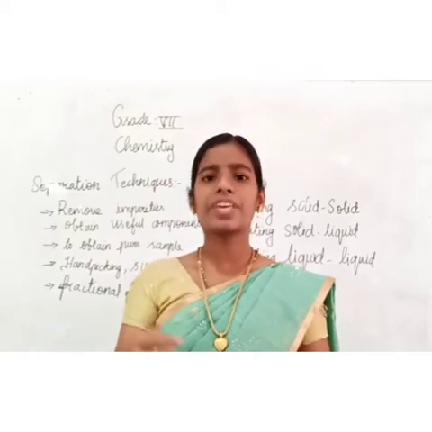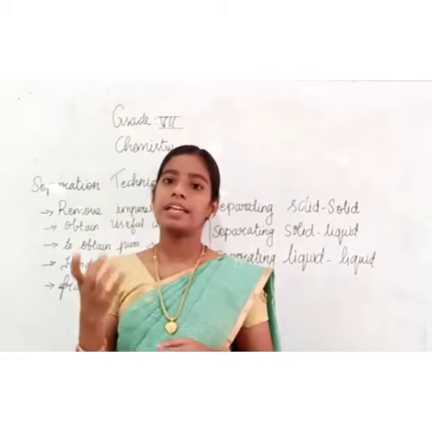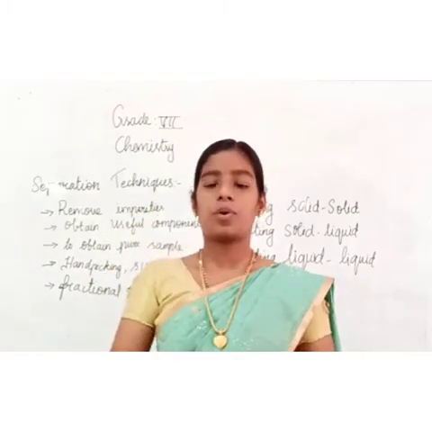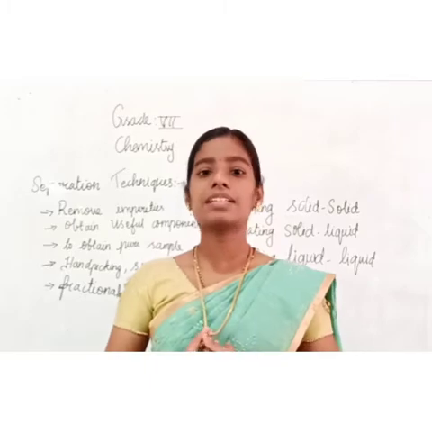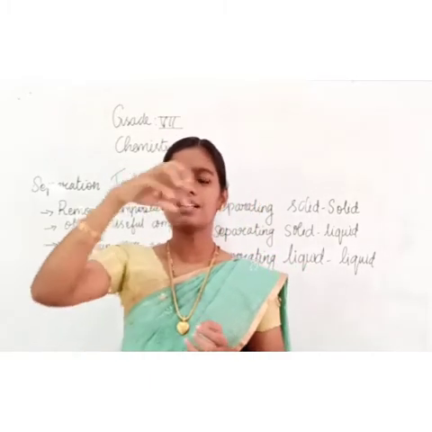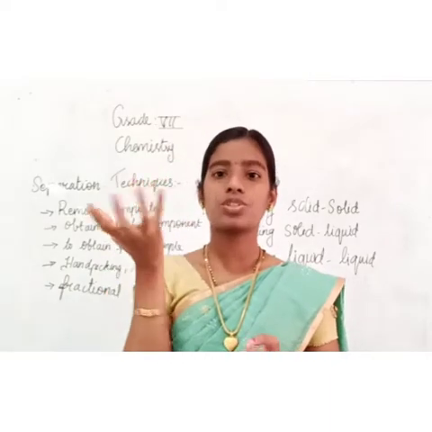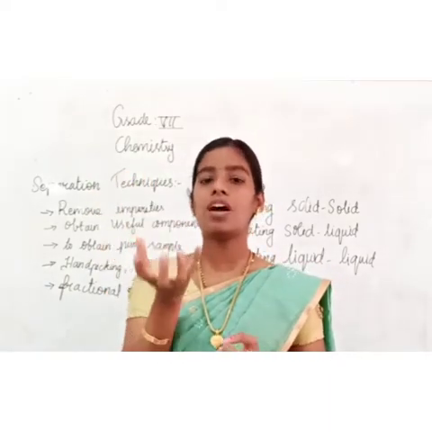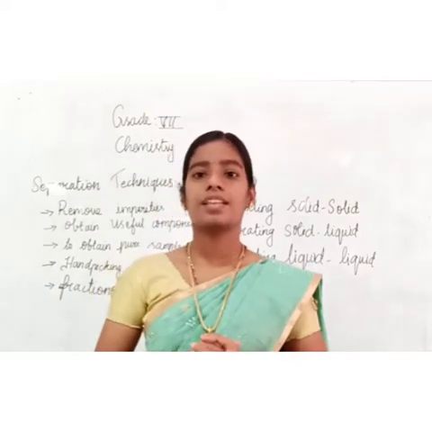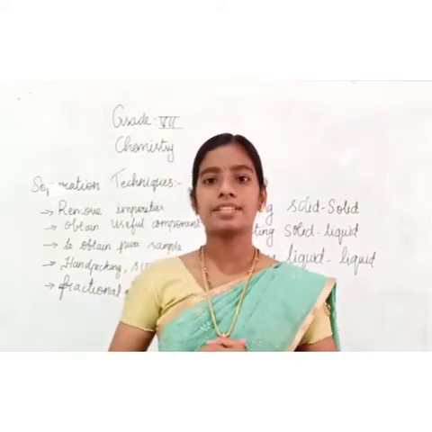When you mix this, we can see the chalk powder in the water, and when you keep it for some time, it will settle down. In this we have learned about suspension. What is suspension? The particle which is suspended in the liquid, that is in the solvent, is called suspension.